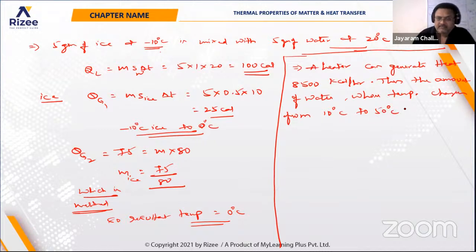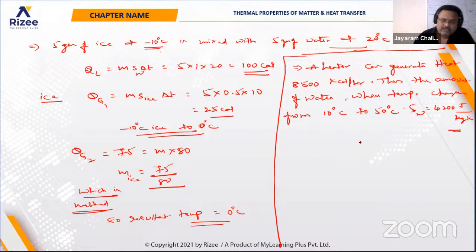The corresponding specific heat of water is 1 calorie per gram. When you convert it into the SI system, it comes to 4,200 joule per kg Kelvin.